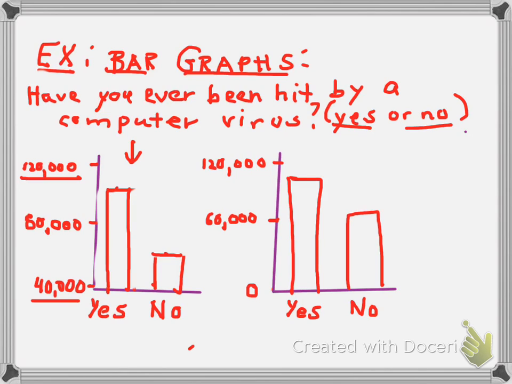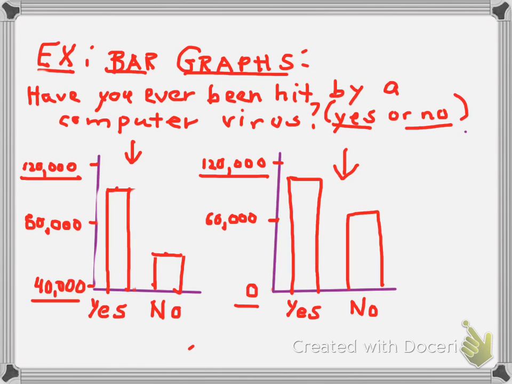The same data is displayed on the second bar graph on the right-hand side, and in the second bar graph, your vertical scale started at 0 this time, as opposed to 40,000, and ended at 120,000, which is the same as where we ended on the bar graph on the left.